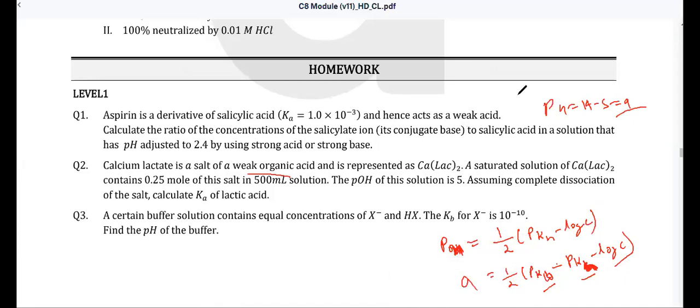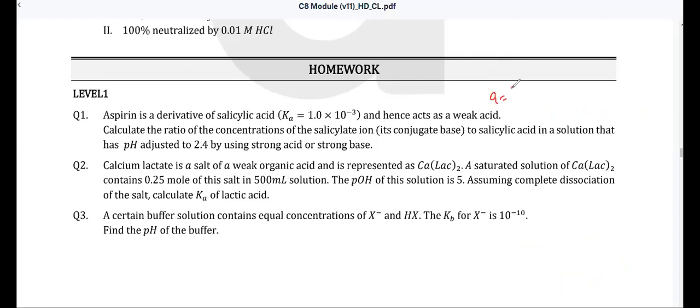So let's calculate. 9 is equal to half 14 plus pKa minus log C. It is 0.01, 0.05 into 50. But here it is Ca(La) whole twice, so 2 moles it is giving. 1 mole of salt will give 2 moles of acetate ions.